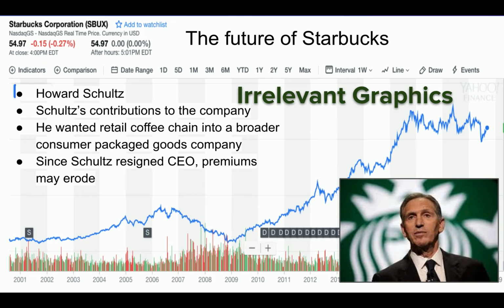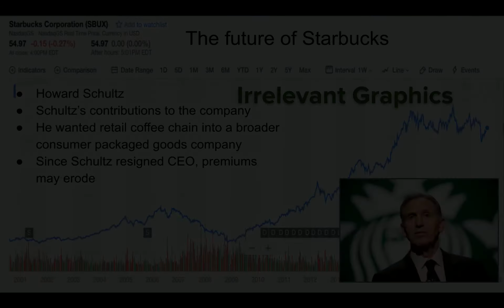At no point during this slide did the person talk about stock prices. They all talked about Howard Schultz, when he founded Starbucks, when he left Starbucks, whether he would come back or not, and it just was not connected. So make sure anything you put up there is connected.